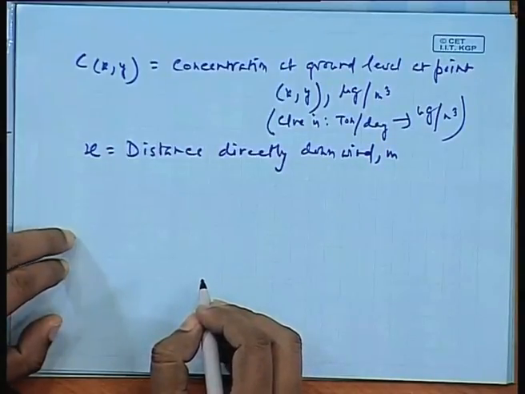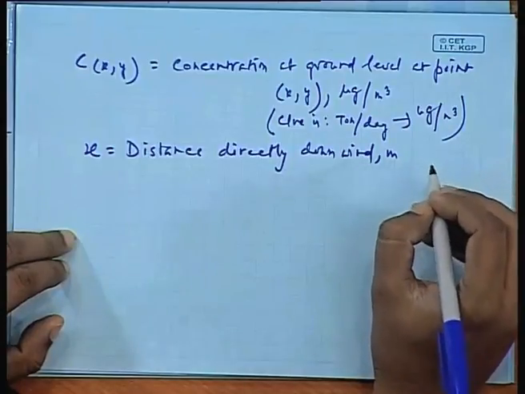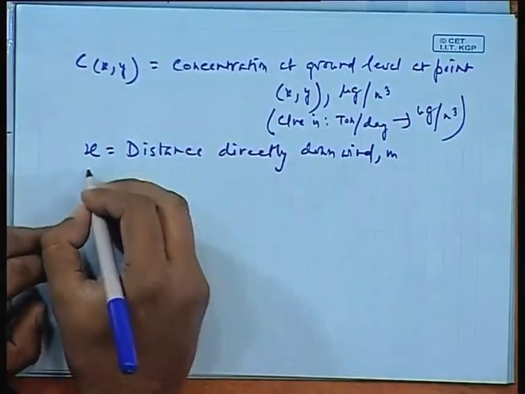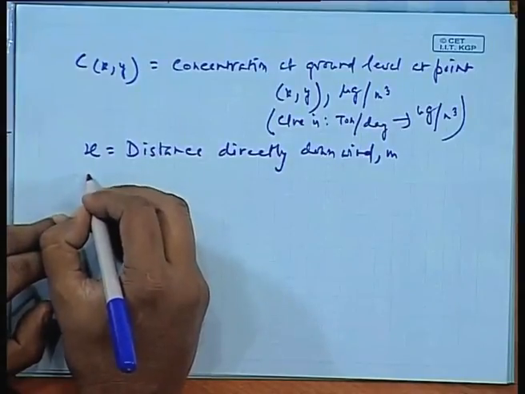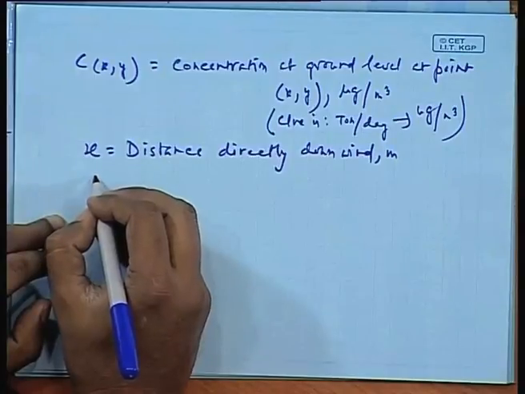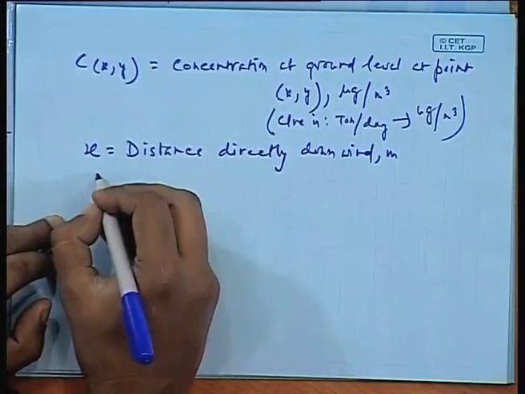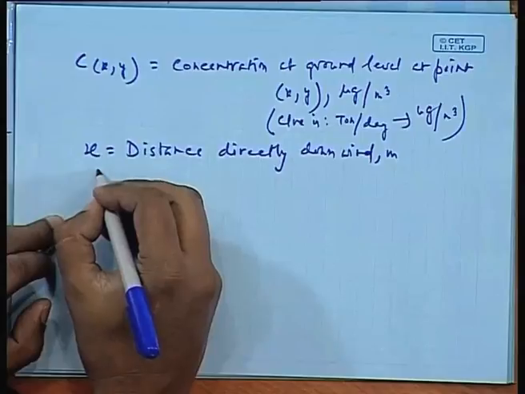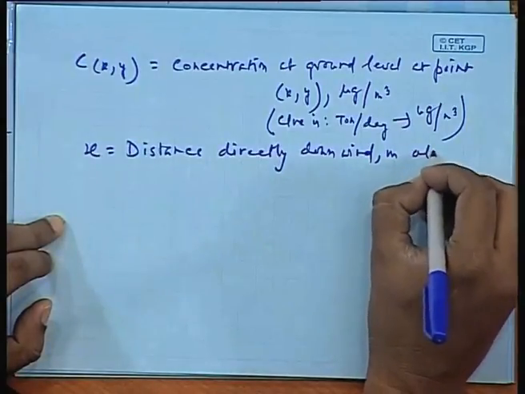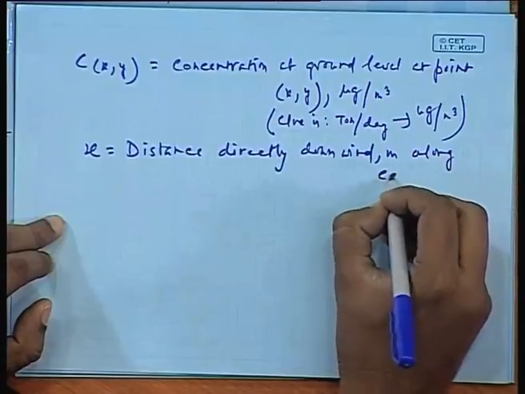Distance directly downwind along the center line; this is important.